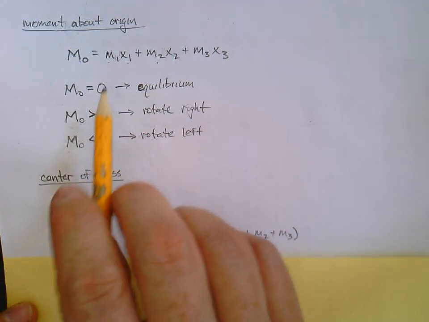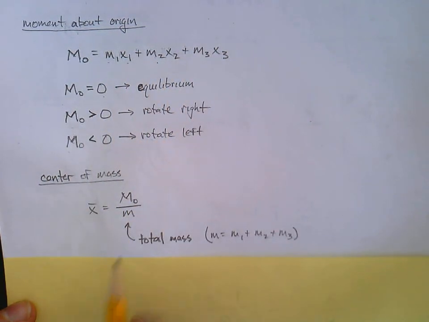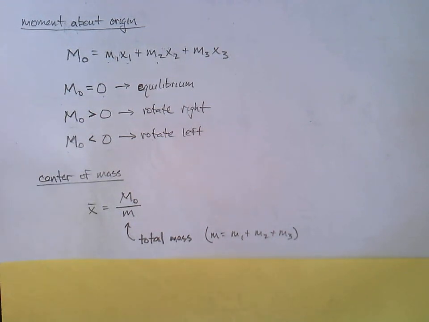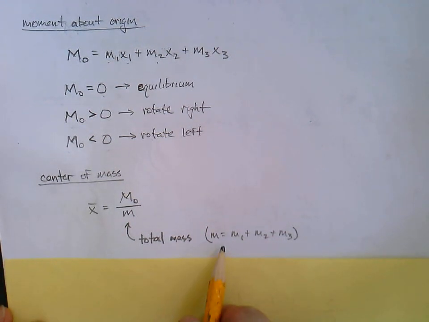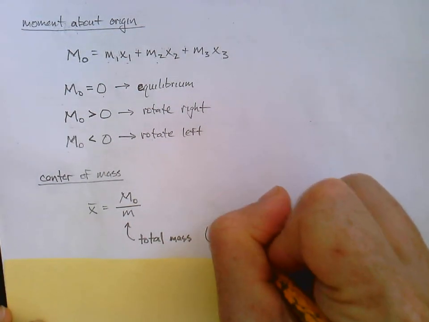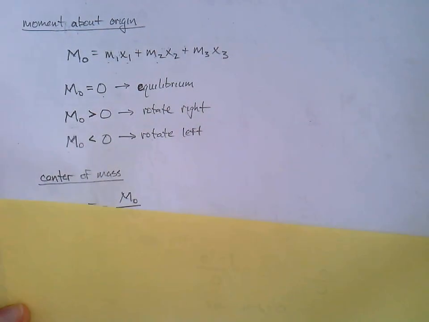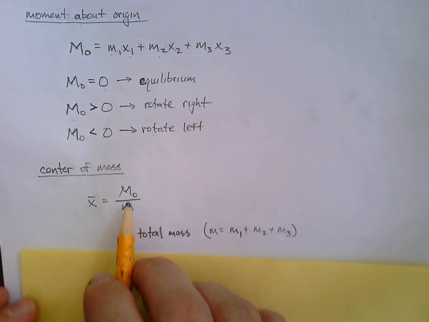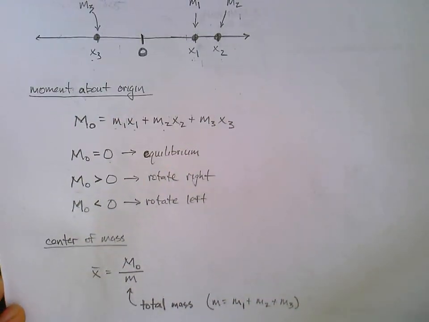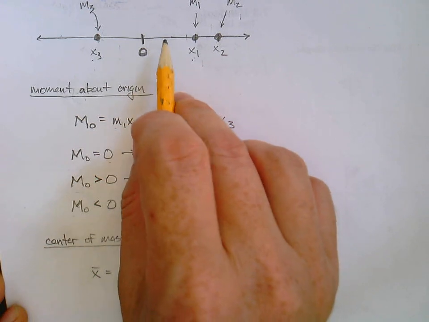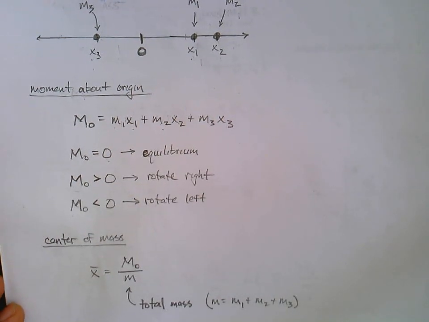Take your moment about the origin and divide it by the total amount of mass in the system. We call it m, and in this case m would equal m1 plus m2 plus m3. That coordinate would tell you where on the x-axis the center of mass is located.